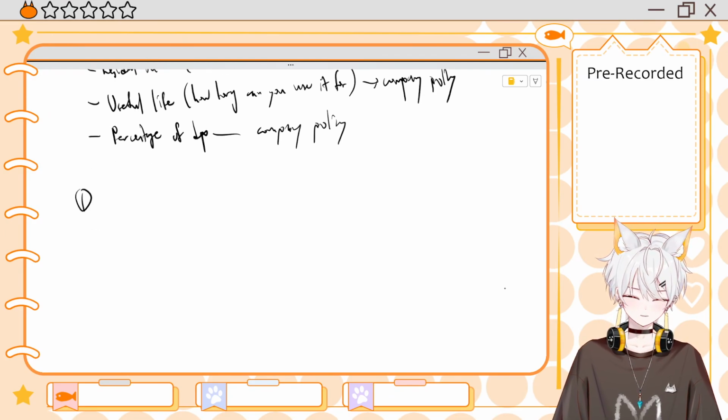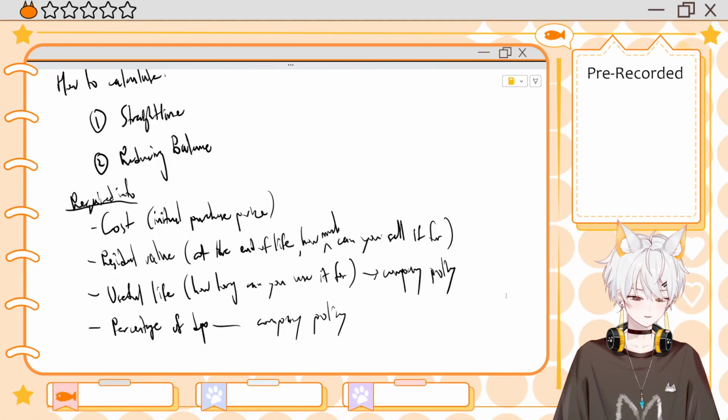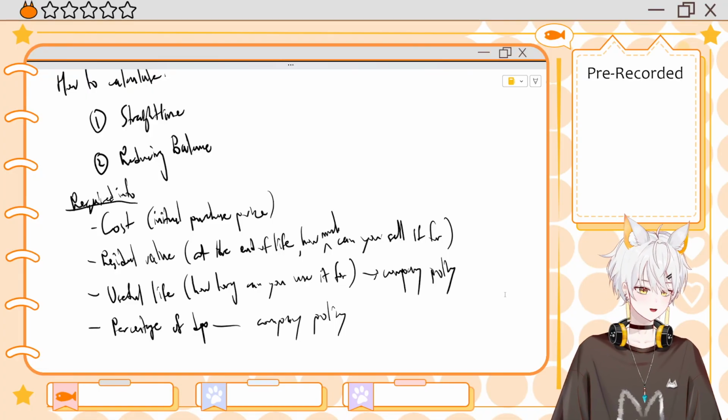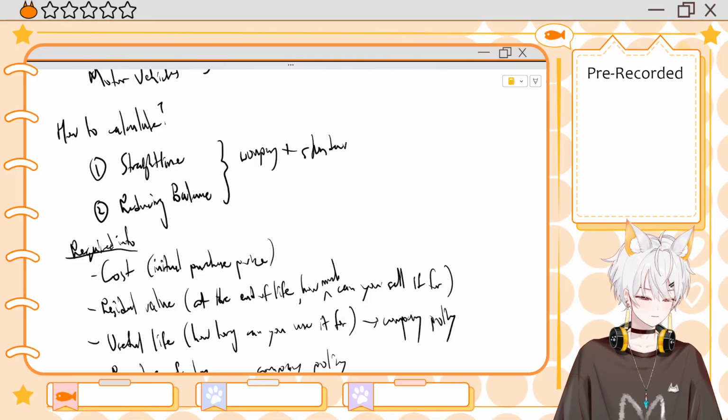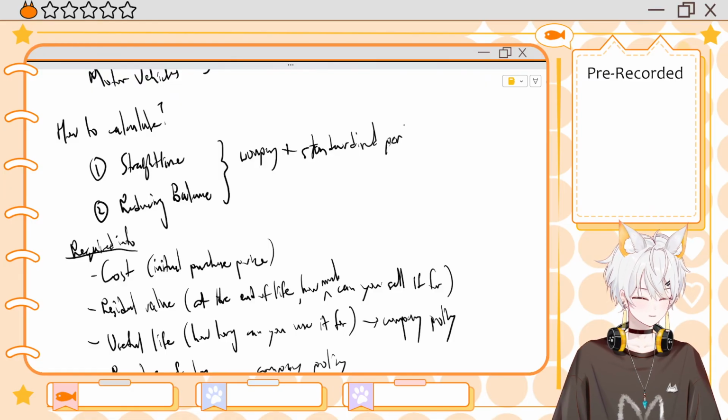The next step is to know which model you're using: straight line method or reducing balance method. Usually this is also determined by a company, and it should be standardized per group of equipment. What do I mean by this?